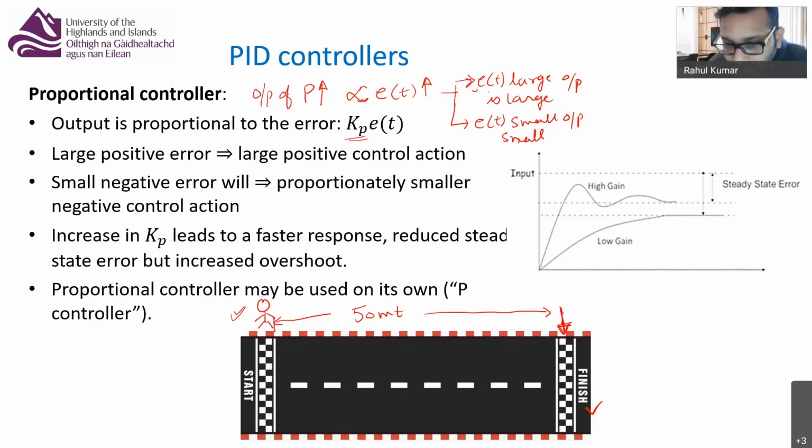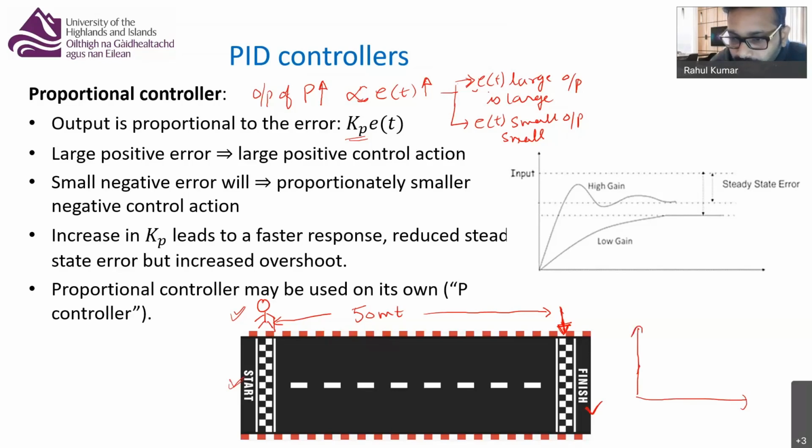So at the start point, the error is maximum, right? At the beginning, the distance covered by this person is 0, so obviously the error is maximum. It has to cover 50 meters, so the person's speed should be maximum.